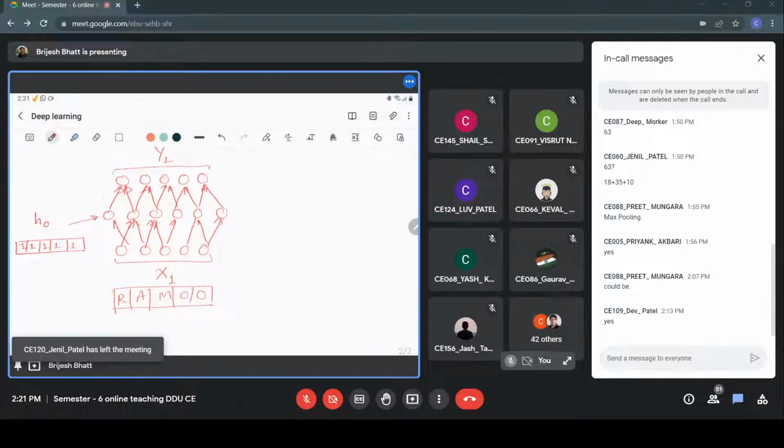So this output here will be H1, which is equal to the weights multiplied by X plus some other set of weights multiplied by H0. That will give you output H1, and H1 will map to some function: Y1 is equal to some weight times H1, which will give you the output representation.